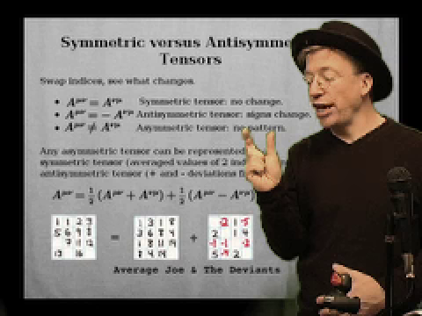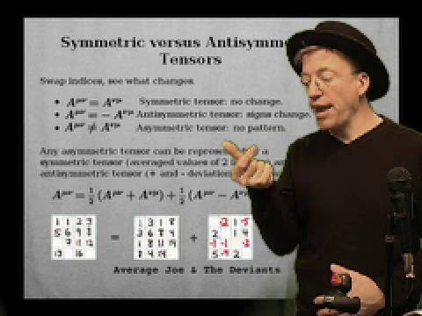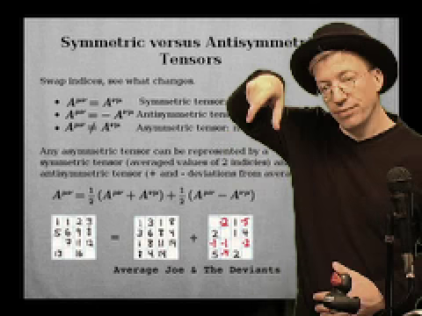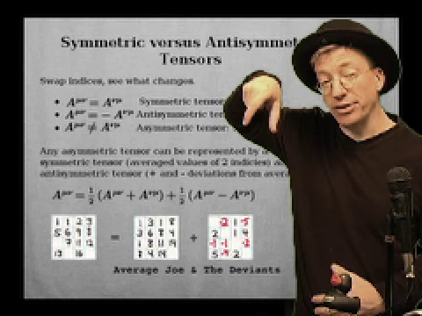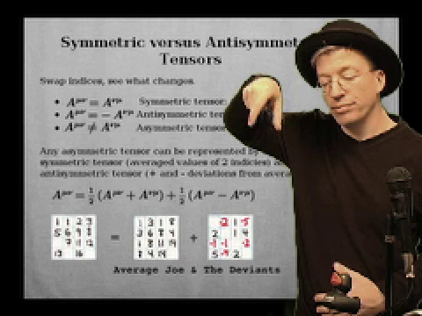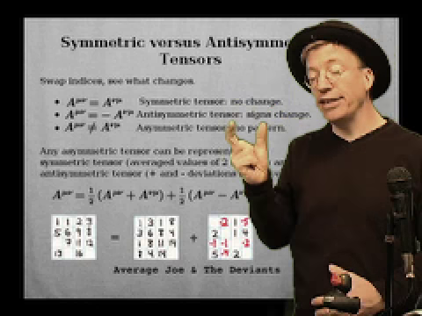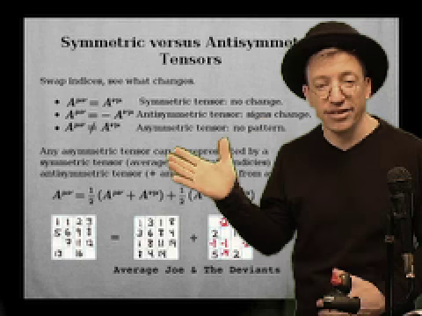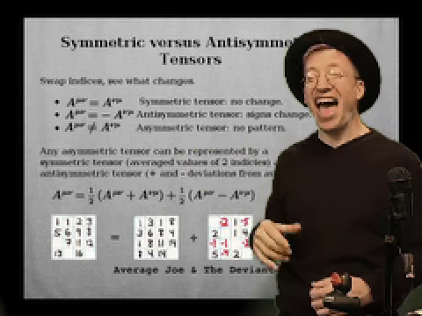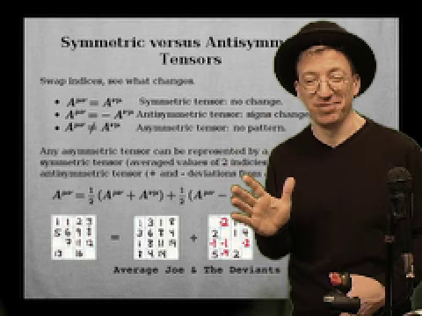Now, if you change these two and everything flips sign, then you have an antisymmetric tensor. Now, if you take these 2 indices and you turn them around and you get a mess, that is an asymmetric tensor.